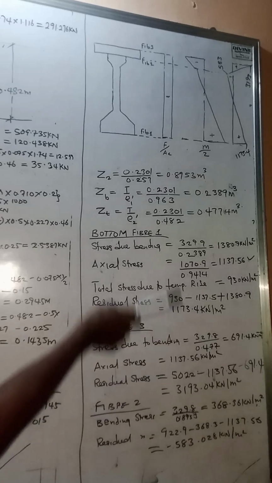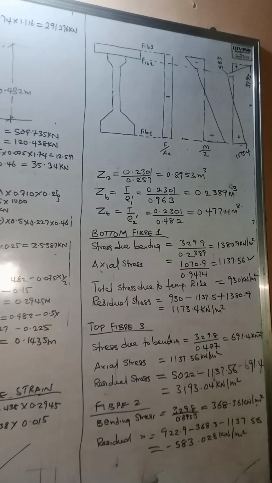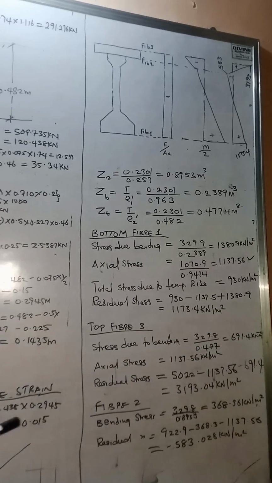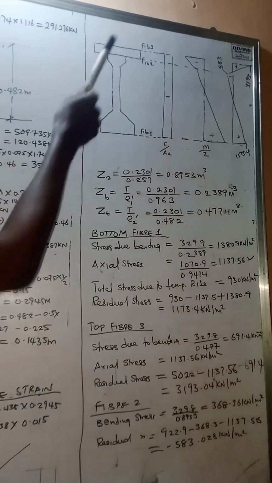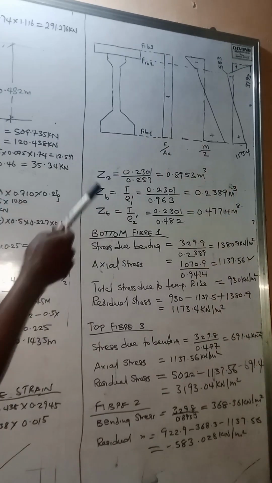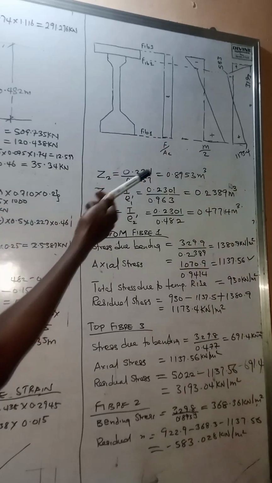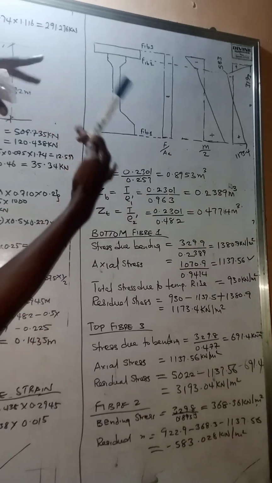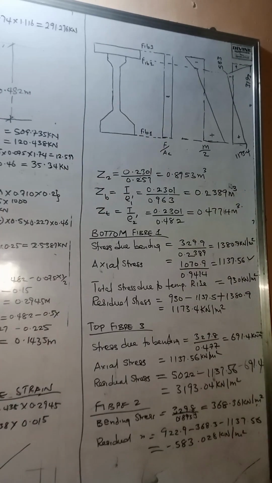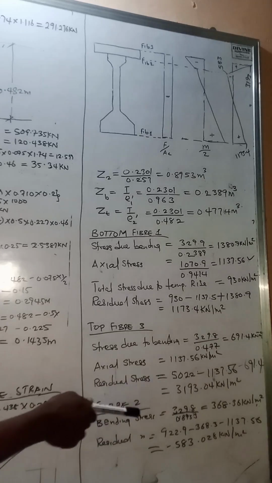Residual stress becomes the total stress as a result of 13.5 degree rise in temperature, minus the tensile axial stress, which is constant, plus stress due to bending, which is positive in this case because we are at the bottom of the beam. Since the beam is going to have a curvature, the bottom is going to be compressive while the top is going to be tensile. So we have the residual stress to be this.